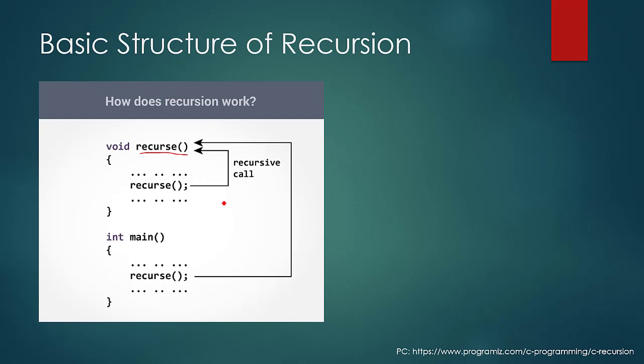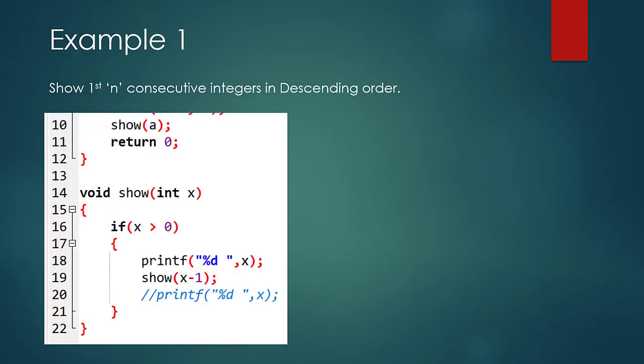Now we are going to understand recursion with some simple examples. In the first example, the problem statement goes like: show the first n consecutive integers in descending order. We can do it very easily using a for loop or any other iterative statement, but here, to understand the concept of recursion, we are going to implement it using recursion.